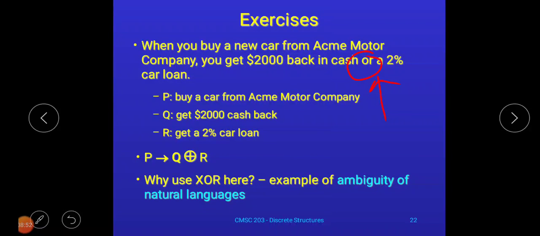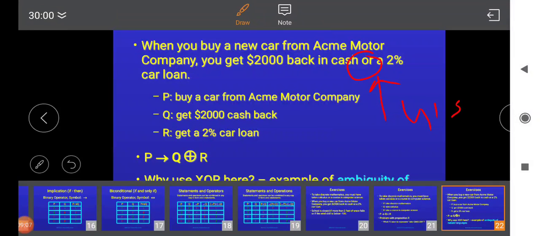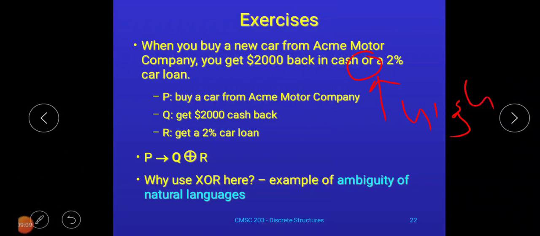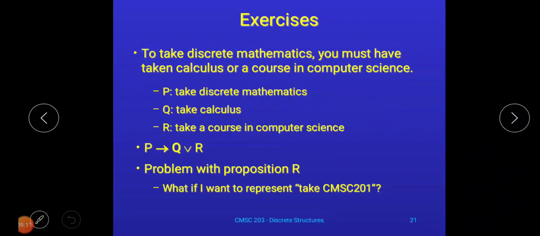There is a 0% possibility that the person will get both $2,000 as well as 2% car loan. Okay. So, slightly high. I am not saying 100% high. Okay. But if you read this statement, we get the feeling that the intensity of this OR is slightly less.